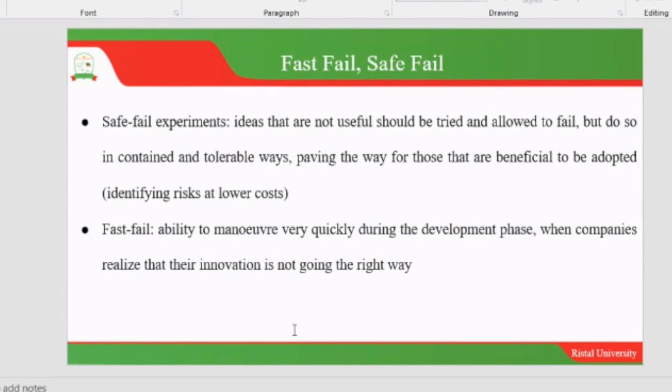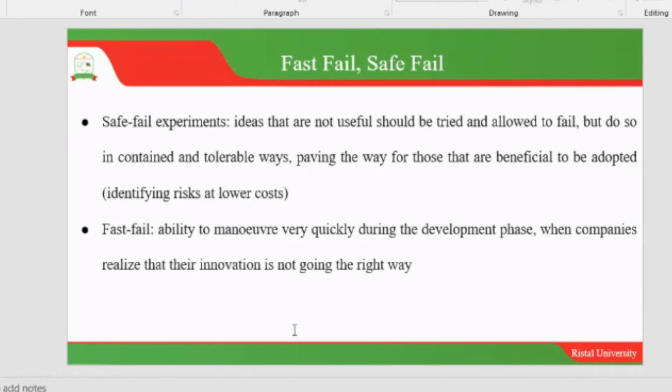Okay, then in fast fail we are looking at the ability to maneuver very quickly during the development phase, when companies realize that their innovation is not going in the right way. So as an entrepreneur, you should be able to quickly test these ideas and then move on.